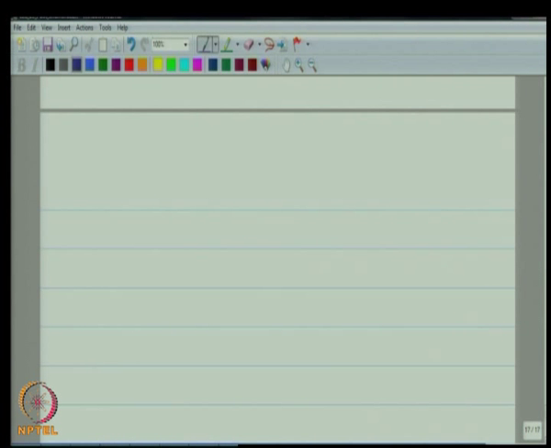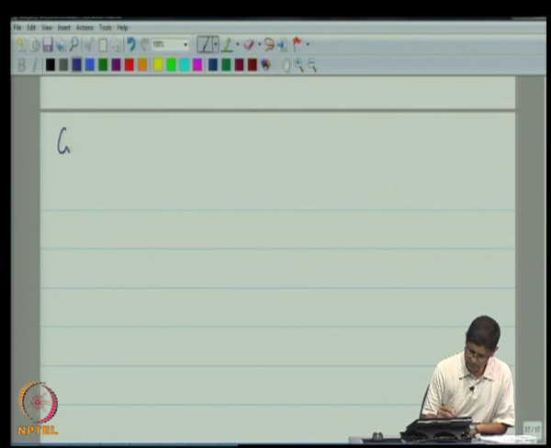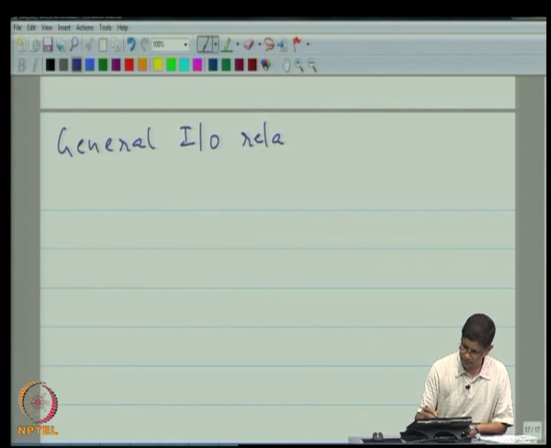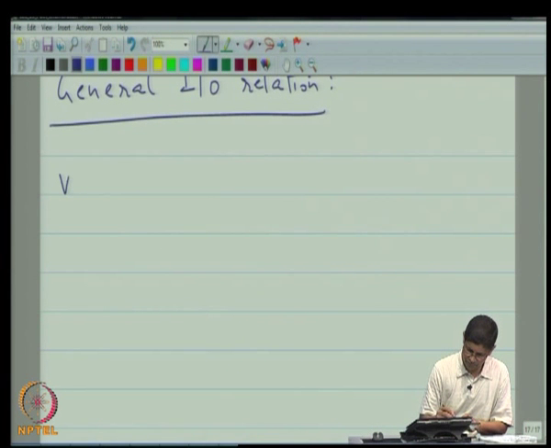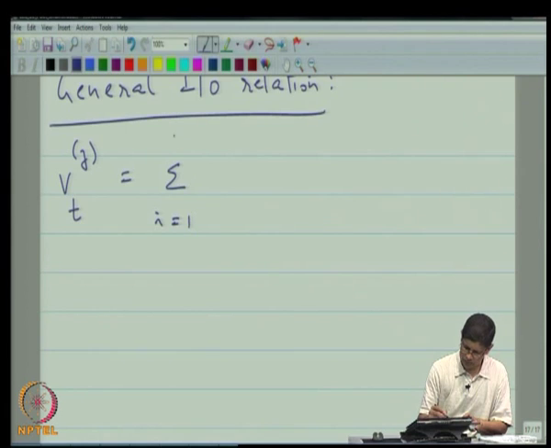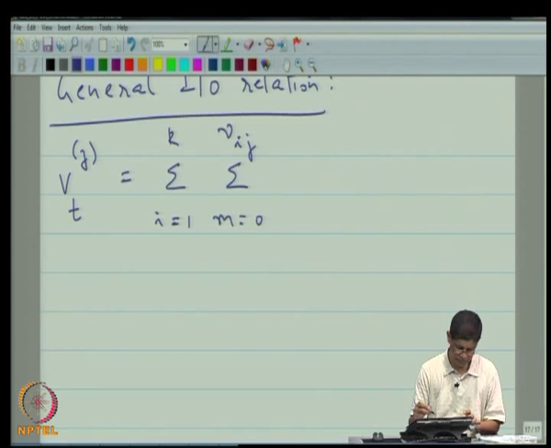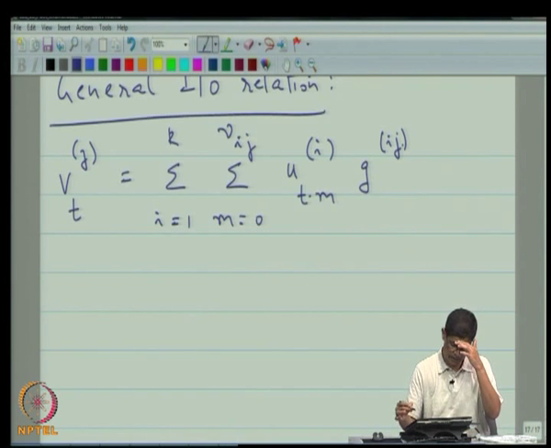Our general input output relation in the case of a convolutional code is given by V, the jth output at time t, is the sum over I equal to 1 to k, the sum over m equal to 0 to nu I j, of u of t minus m of I times g I j m.